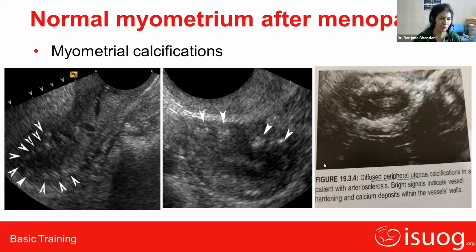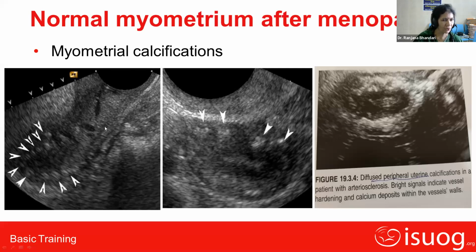In postmenopausal ladies, when we do ultrasound, many times we are seeing some echogenic spots. See, this is the endometrium, this one. And we are seeing echogenic spots around the uterine musculature, the myometrium. These are nothing but the arcuate artery.